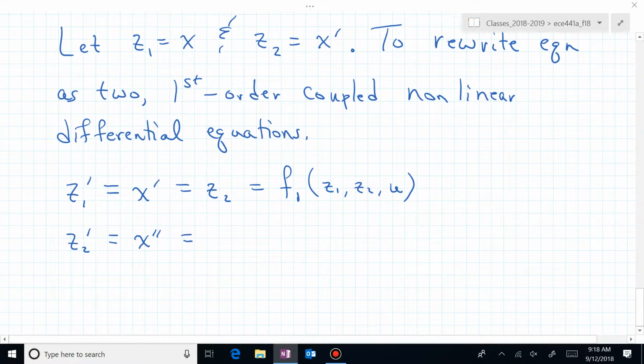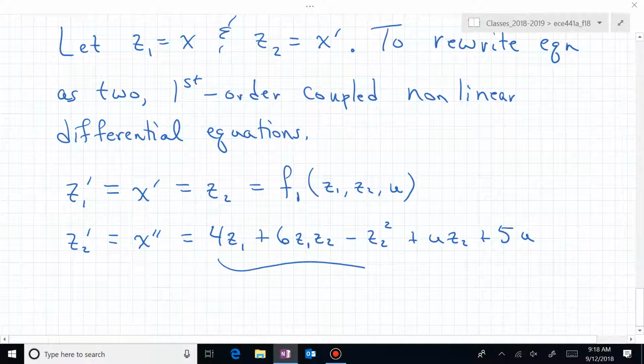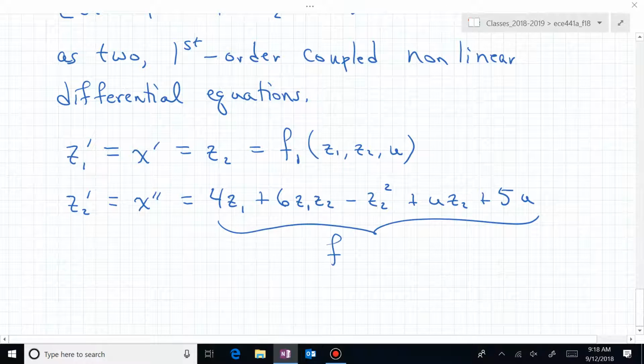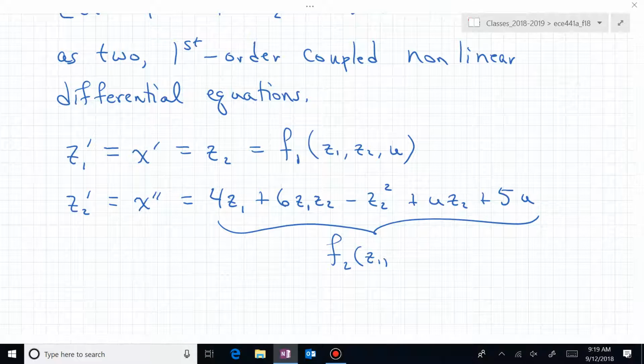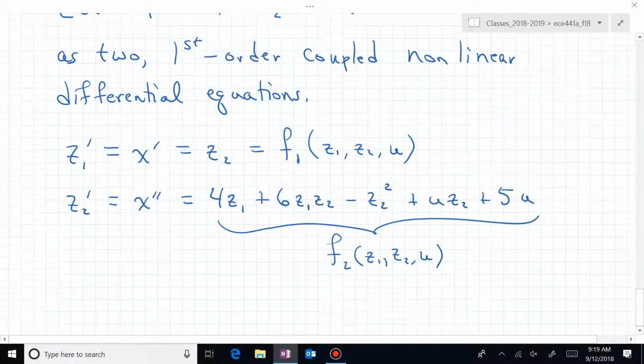So let me write that down. I have a 4 z1 plus a 6 z1 z2 minus a z2 squared plus a u z2 plus a 5u. And all of that is the right-hand side associated with the second equation. So that's f sub 2 of z1, z2, and u. Just establishing notation.